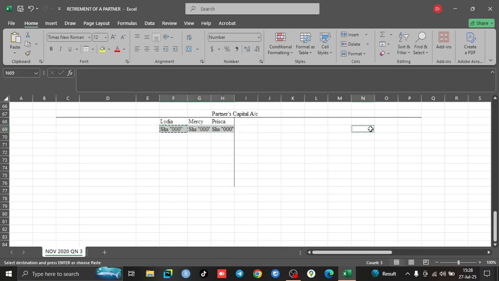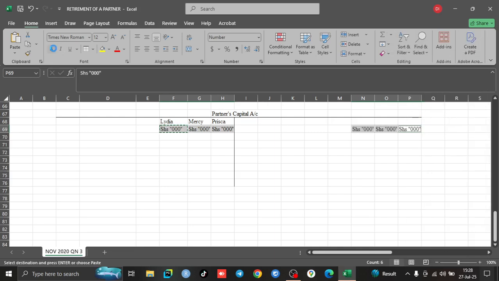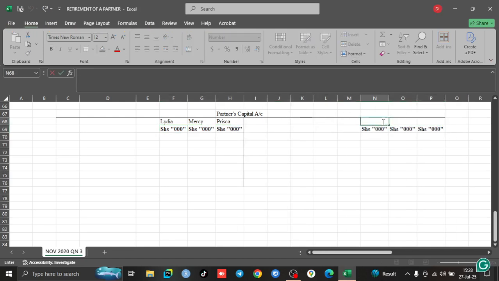Can also bring them to this other side and make them bold. Then here we have Lydia, Mercy, and Priska. So recall, for a partnership account, the opening balance is always on the credit side.